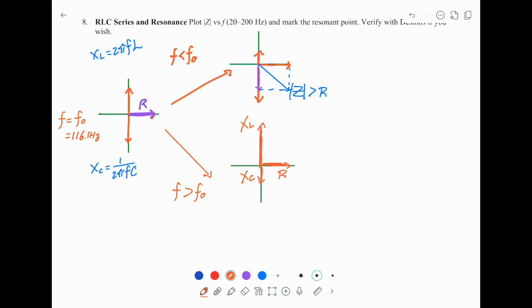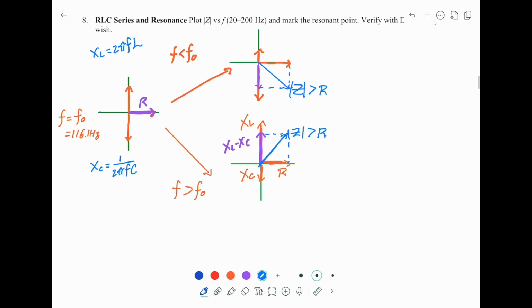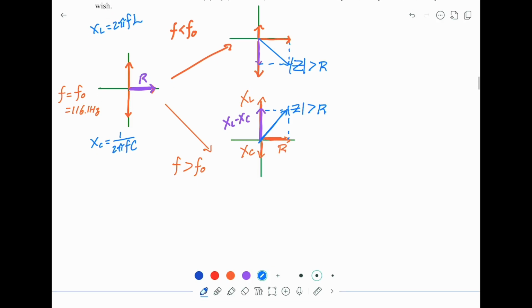So in this case, after you find the difference, this is XL minus XC, and this will be the overall impedance. This time again it is larger than R. So if we combine all this information together, we can express something like this.